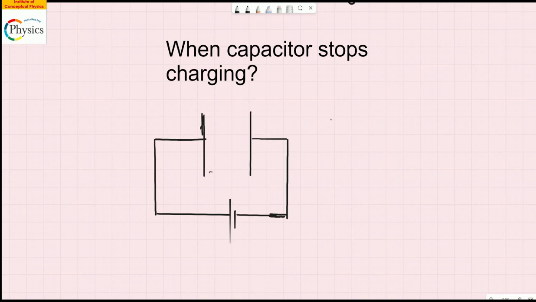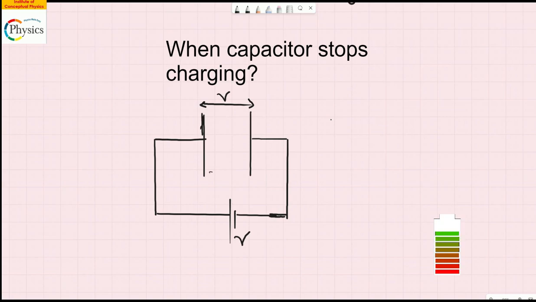So if you look into this diagram, if the battery is of voltage V and you are able to finally reach that, as the charge gets accumulated, the potential difference arises between these two conducting plates, and if it becomes equal to V, no more charging will happen because these two are of equal and opposite charges.